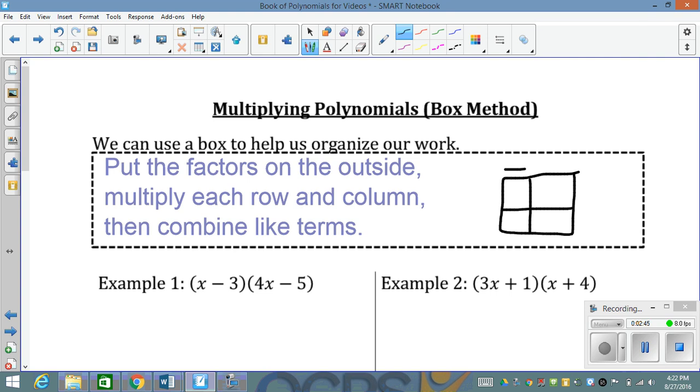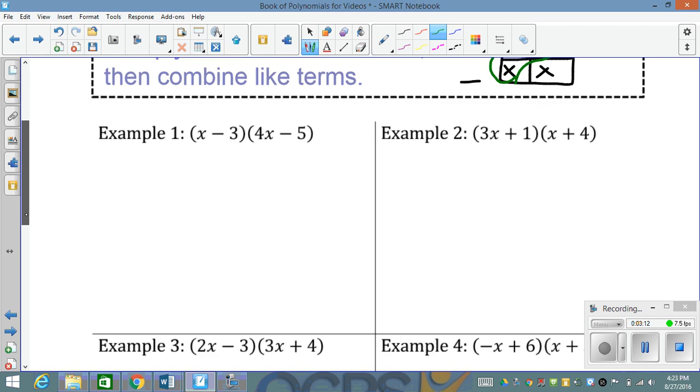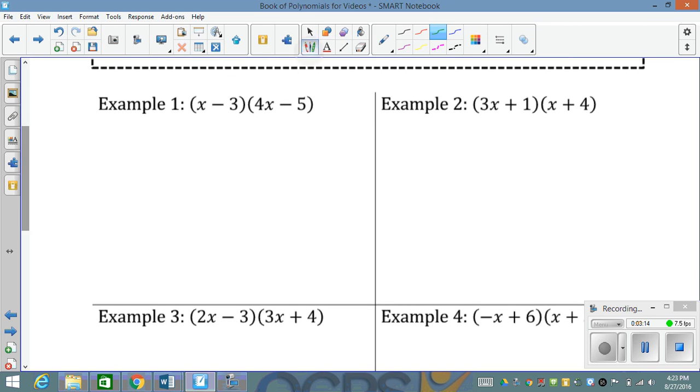You'll put the factors on the outside, and then to get each spot on the inside, you multiply that row with that column. And then you will combine your like terms, which is almost always, not always, but almost always going to be those two middle terms there. Okay, so let's take a look at some examples so you can see that this is not really difficult. In fact, it's one of the easiest things we've done so far this year, as long as you keep straight what it is that you're doing.